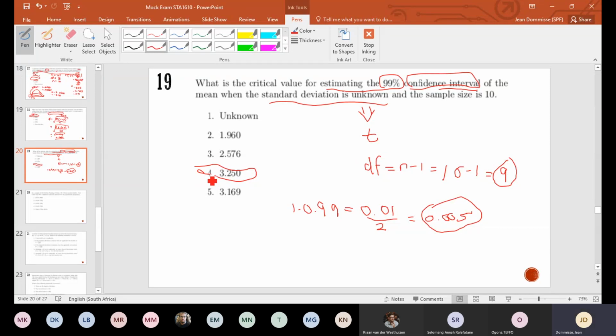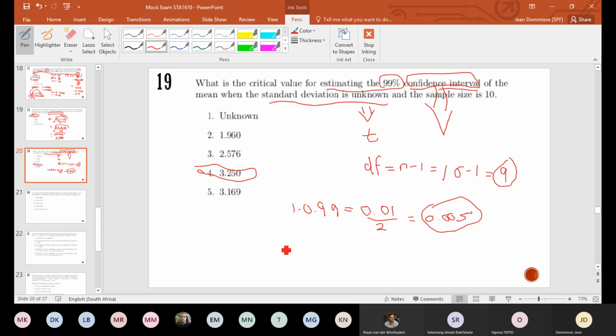Okay, so luckily there wasn't the option for 0.01 because that would have made it a bit more difficult. But remember, we are working with a confidence interval. So when we use the 99%, we still need to divide by 2 because there's a lower confidence, there's a higher confidence, so there are 2 parts of it.